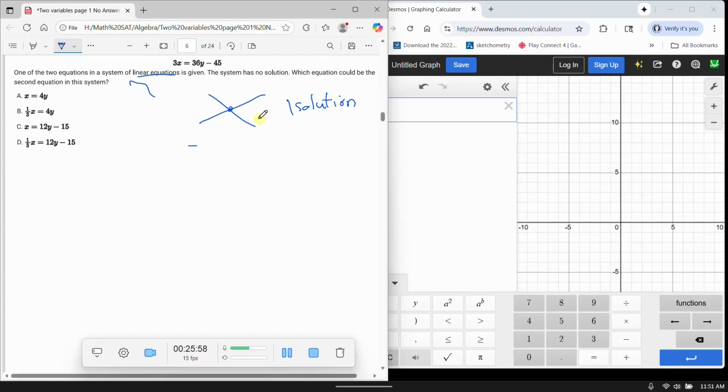If they're overlapping, you have infinitely many solutions. And what happens if you have two lines that are parallel? It has no solution.